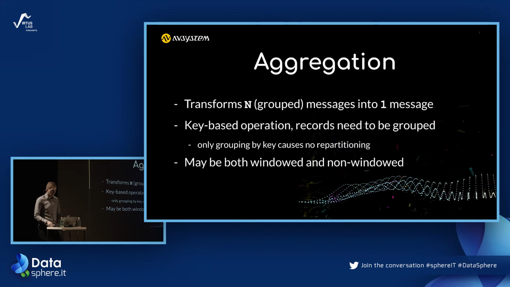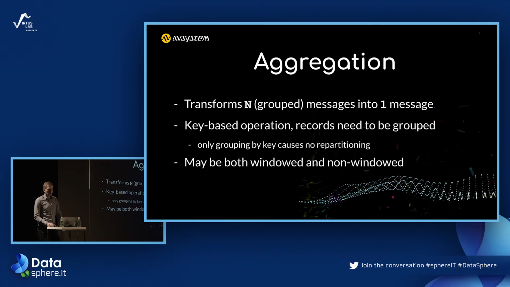Aggregation is a key-based operation, so you need to group messages by some key, and it may be both windowed and non-windowed. What does it mean for aggregation to be windowed? Well, for the non-windowed aggregation, as you may expect, it's a never-ending aggregate.